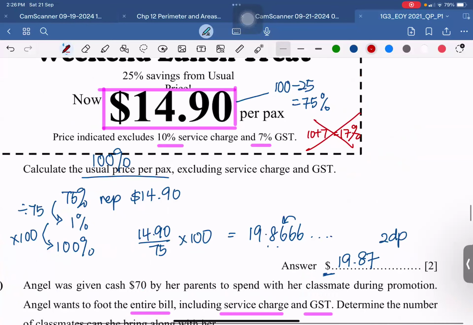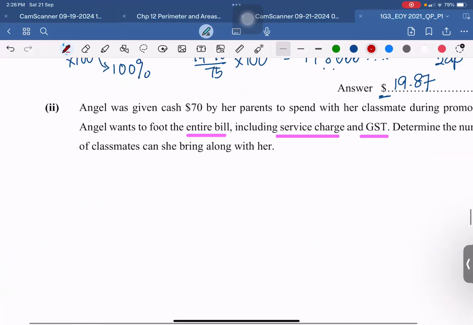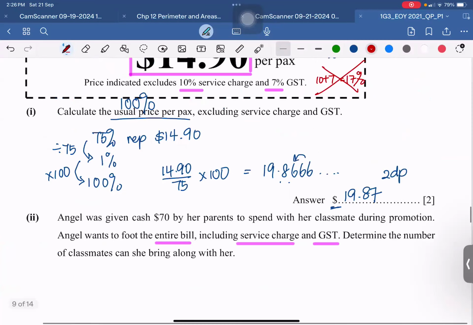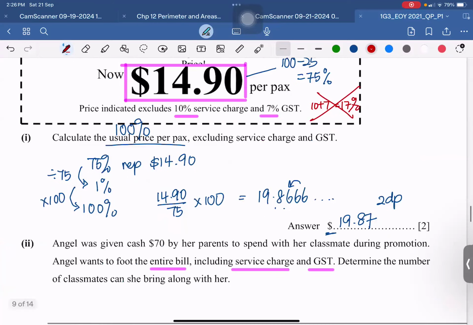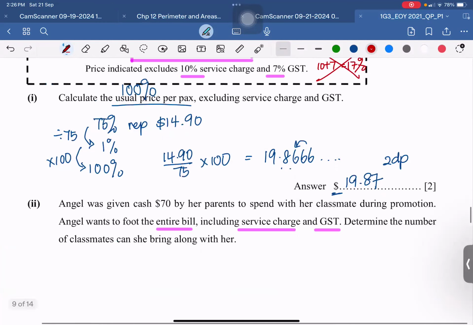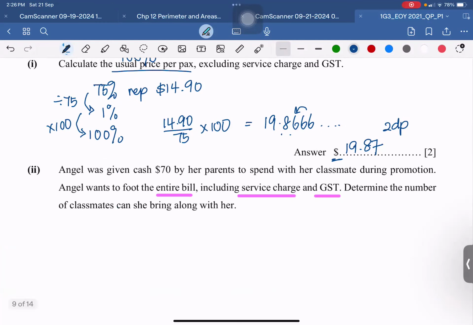Or the other shortcut is you can take, sorry again, Samuel got disconnected. Okay, first one, let's find the price with service charge. Price with service charge will be 100% plus another 10% to give you 110%.